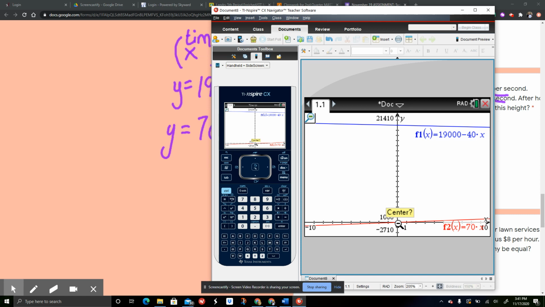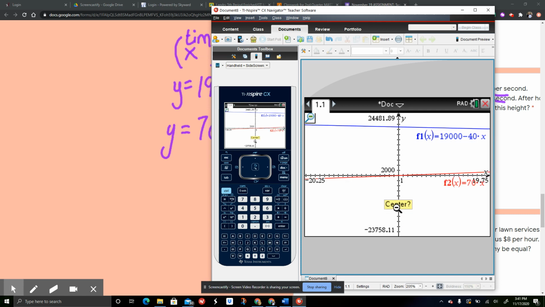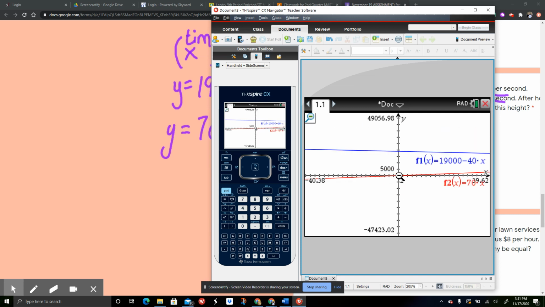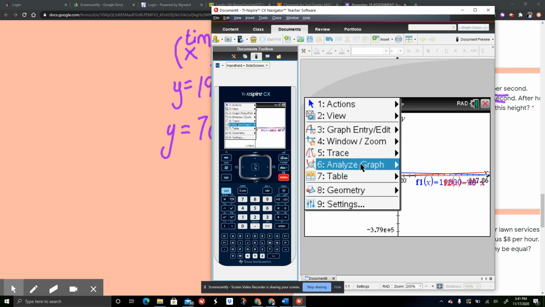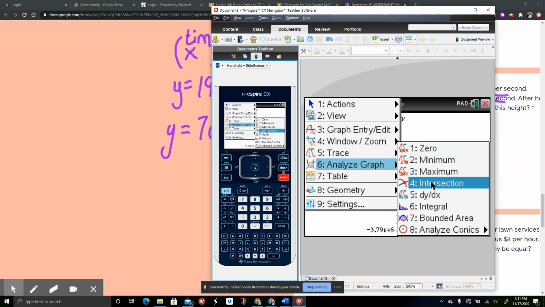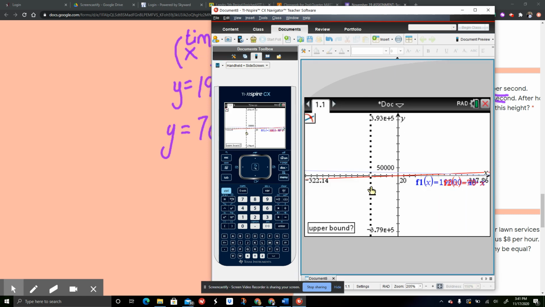And I'm going to keep my origin as the center, and I'm just going to keep clicking on the origin to continue zooming out until I see the intersection on the screen. So about 4 or 5 times you're going to need to so that you can see the intersection is right about there. Then you're going to say Menu, 6-4, Analyze Graph Intersection, and then draw your box so that you can see the intersection in it.